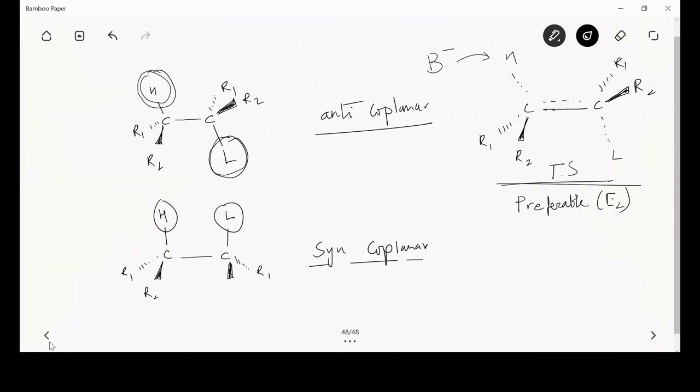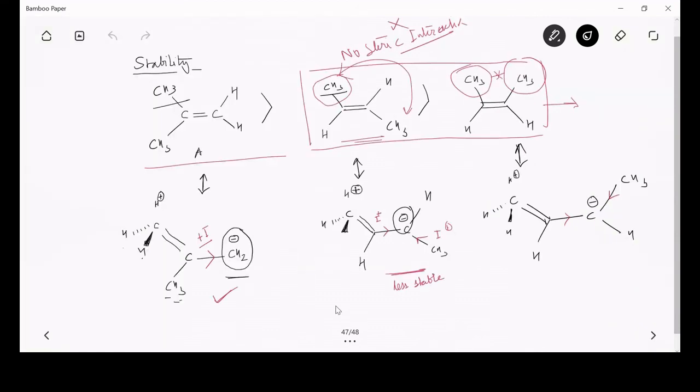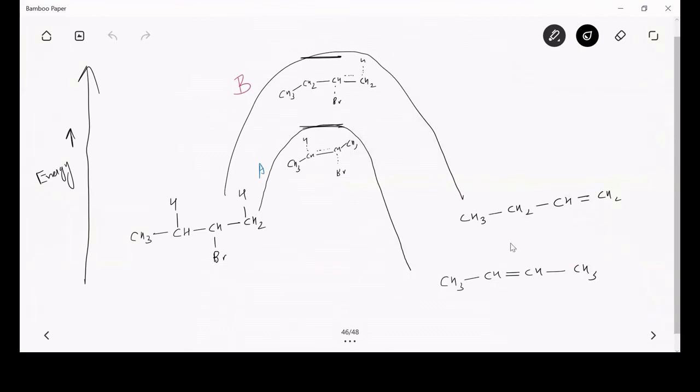Suppose I have already told you that this product will be favored, but this one is not favored because the transition state has higher energy. And the formation of this highly substituted alkene is also a rule actually. Do you know the name of that rule?